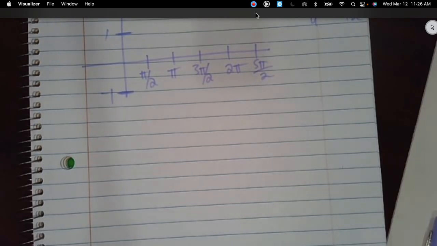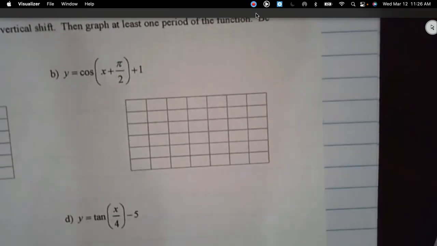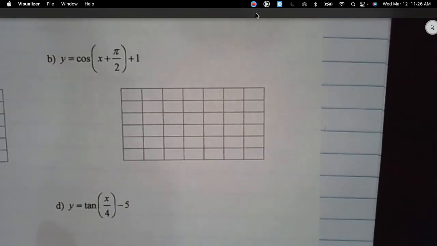Not necessarily. I'll do this one. Okay, here we go. I'll write it down actually.